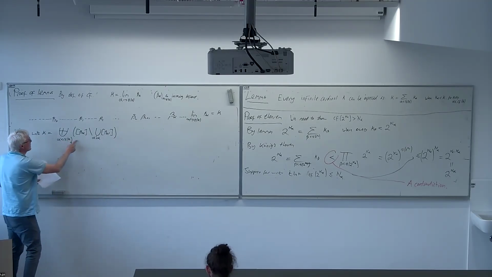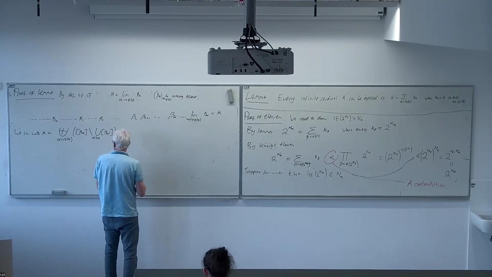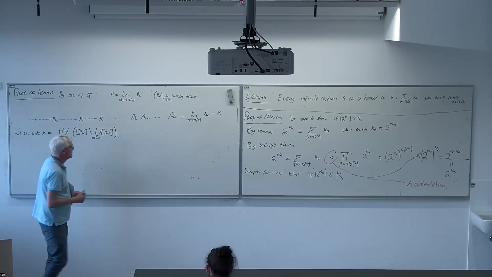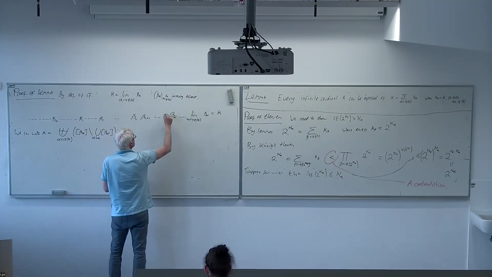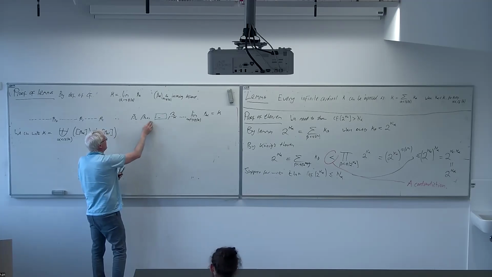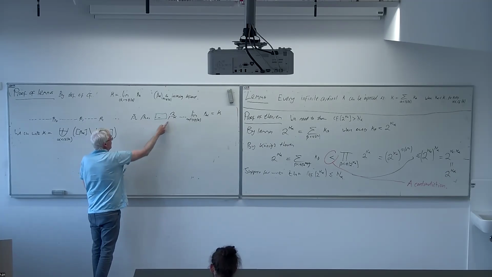But the point is, this set of ordinals is something like this. Here we have the limit of all the ordinals to which we get to from alpha prime strictly below alpha.